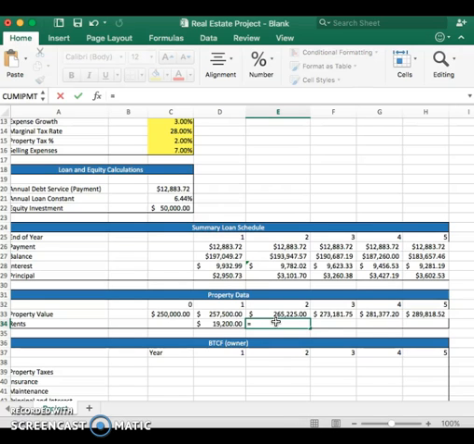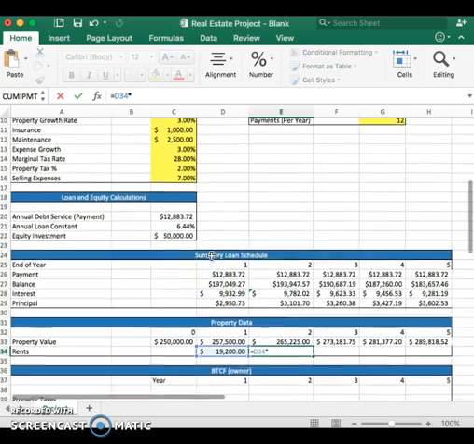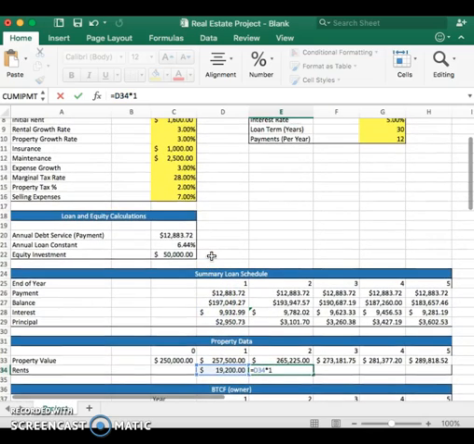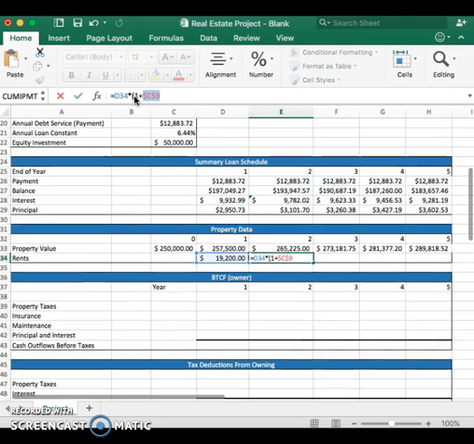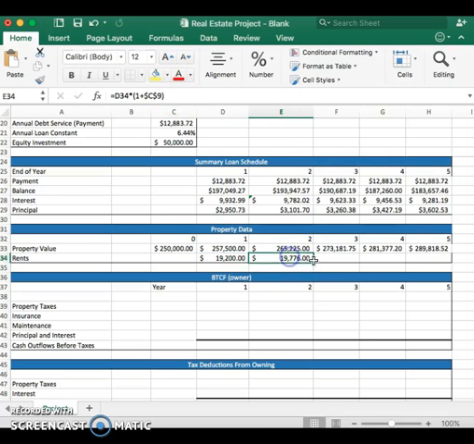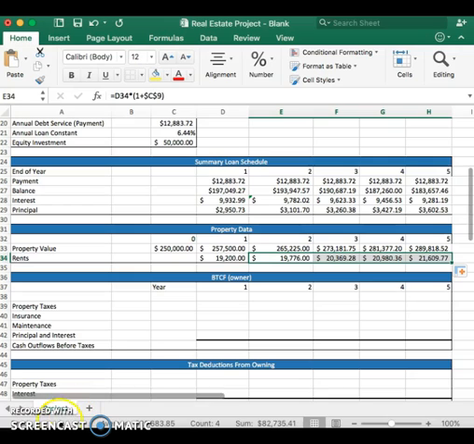We have to take the value that we just got from here and then multiply by 1 plus the rental growth rate, which is also 3%, and we're going to have to lock that. And then we can just copy it over in that way.